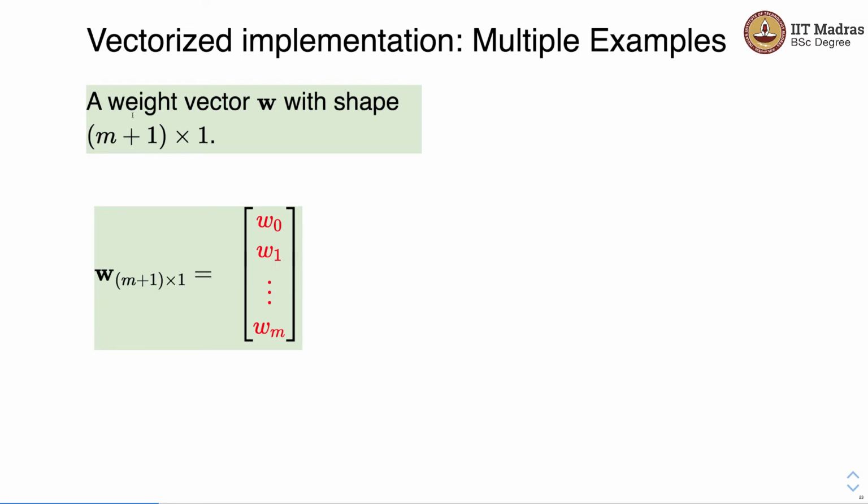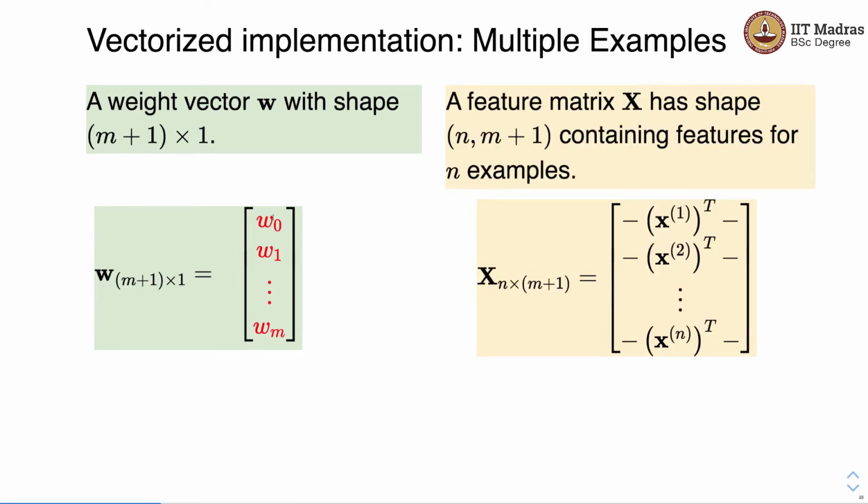So we have a weight vector W with shape m plus 1 cross 1. So this is our weight vector having m plus 1 weights starting from W0, W1 all the way up to Wm. So these are weights corresponding to m features, and we have an additional weight corresponding to a bias unit. And we have a feature matrix X with shape n cross m plus 1.